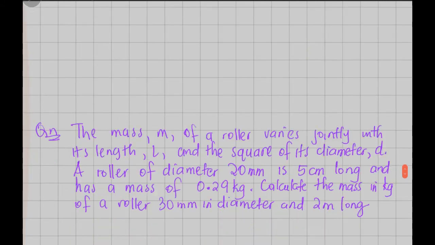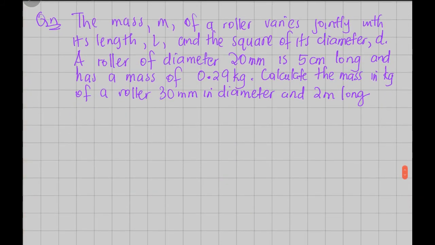Let's move on to the next, which says that the mass of a roller varies jointly with its length and the square of its diameter. So the mass varies jointly with its length L and the square of its diameter. We write it in the form M is equal to our constant K L D squared. We are given that the roller of diameter 20 is 5 centimeters long and has a mass of 0.29 kgs.